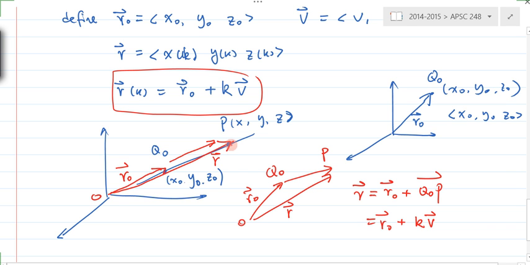No. Vector R is just the vector representing the point P. This is what the first lecture mentioned. When you give a point P in space, there are coordinates associated with it, and there's a vector representing its position. We call it the position vector.